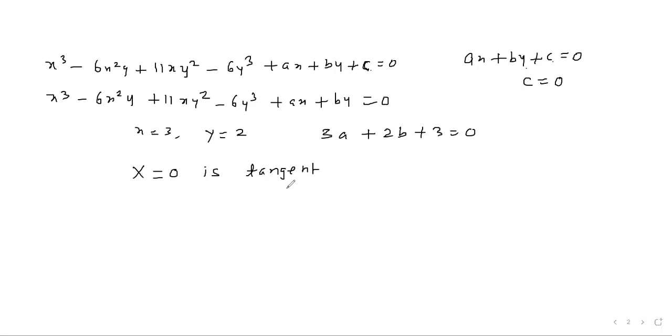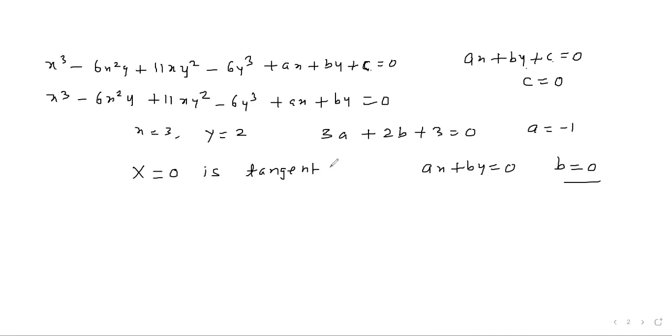Now we can say ax plus by equal to 0 is the tangent and x equal to 0 is also the tangent. They represent the same thing. So from there, we can get b equal to 0. Then from this equation, a will be minus 1. So we have got all the values.